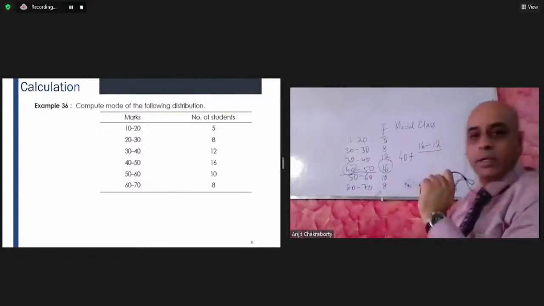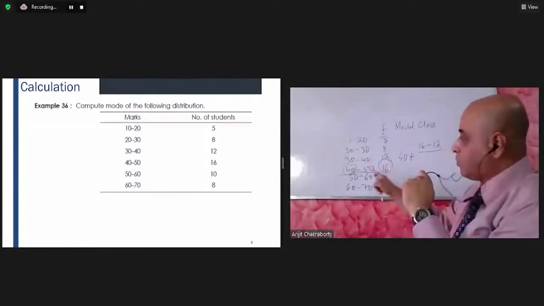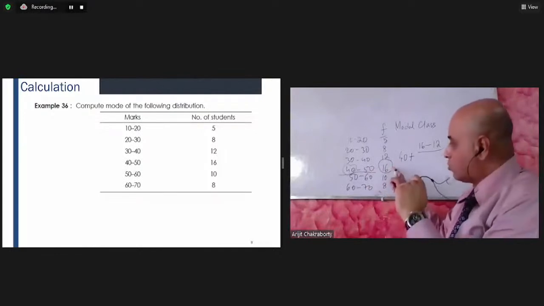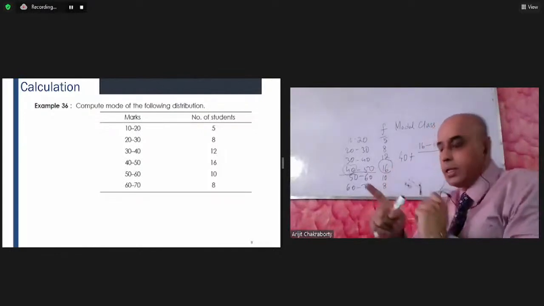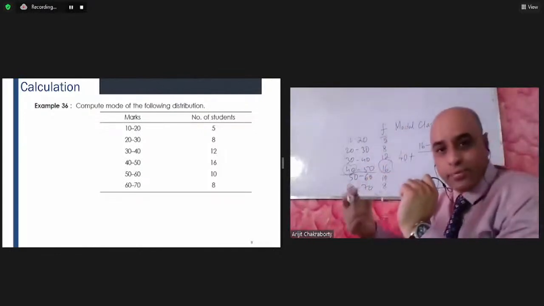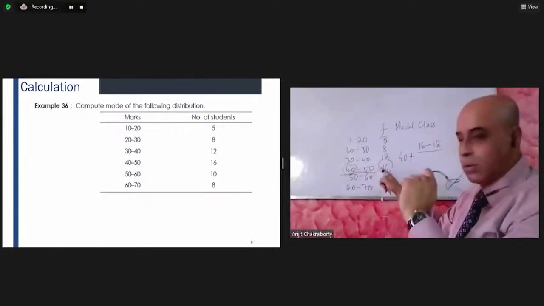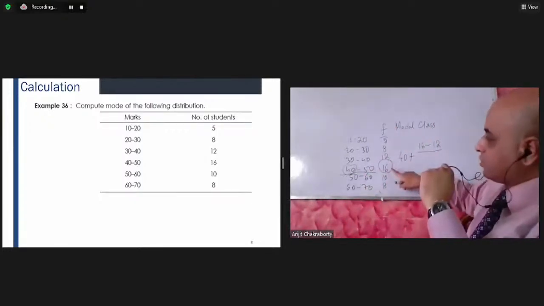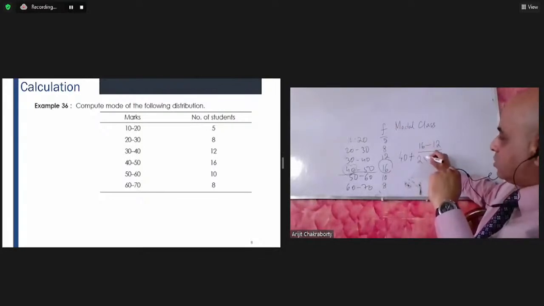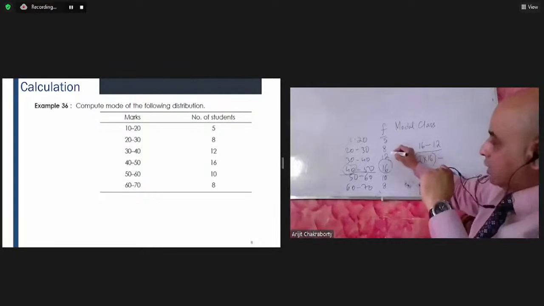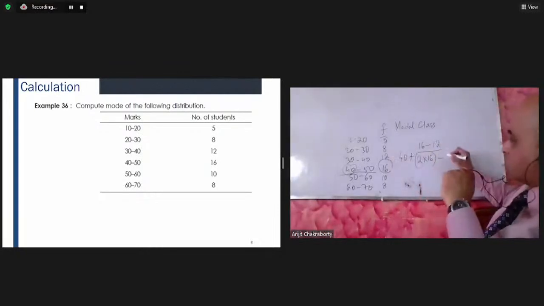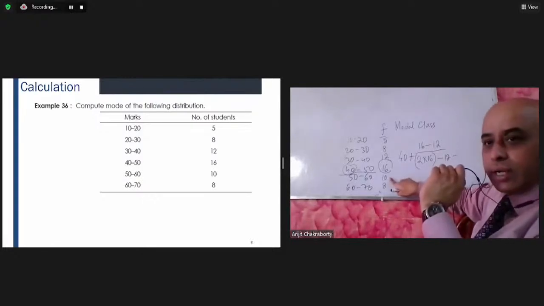In the denominator, I will multiply this modal frequency with 2. In other words, it will be 2 into f, where f is the frequency from 40 to 50. So here the frequency is 16, so I will multiply 2 into 16, minus the earlier frequency, that is 12, minus the later frequency, which is 10.